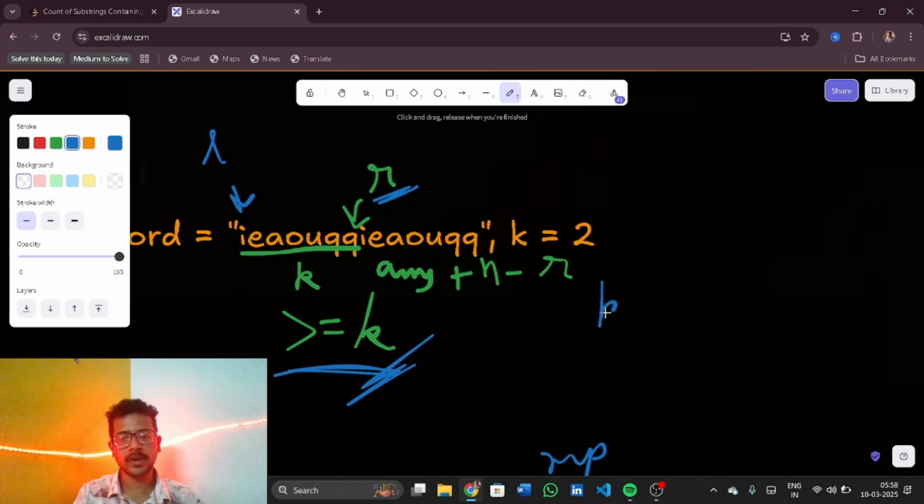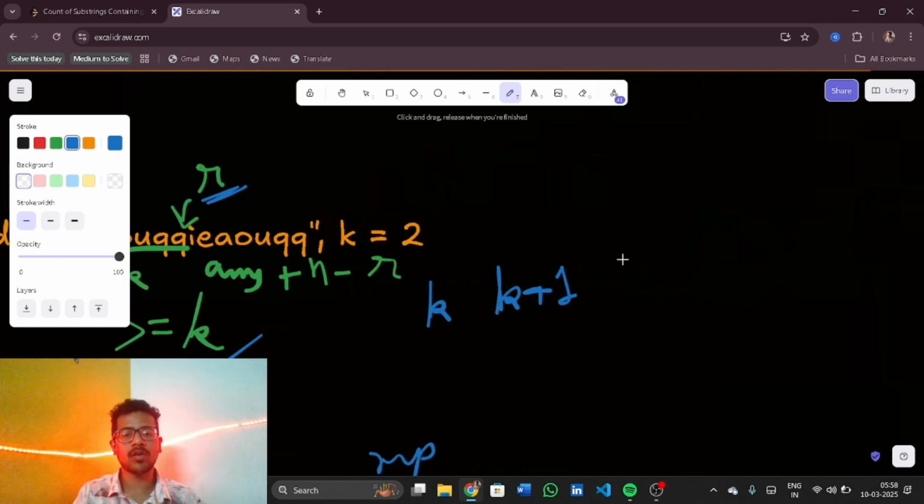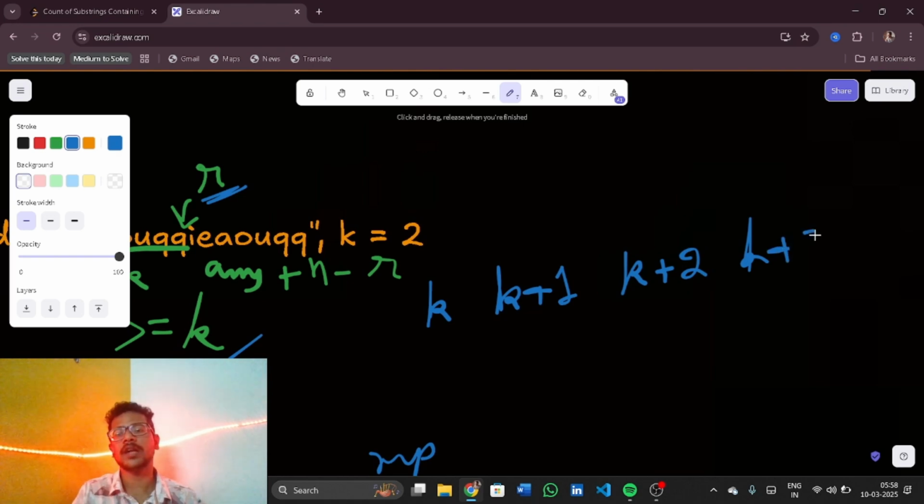Those substrings will have K, K plus 1, K plus 2, and K plus 3 as the count of consonants. Now, what do I actually need? I need exactly K as the count of the consonants.